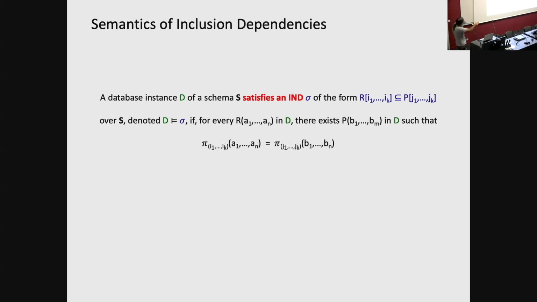If for every atom of this form R(A1, ..., AN) that I have in the database D, there must be an atom P(B1, ..., Bm) in D, such that the projection of the tuple A1 up to AN over this list of integers coincides with the projection of the B1 up to Bm tuple over J, the list of J1 up to Jk integers. That's precisely what we are saying.